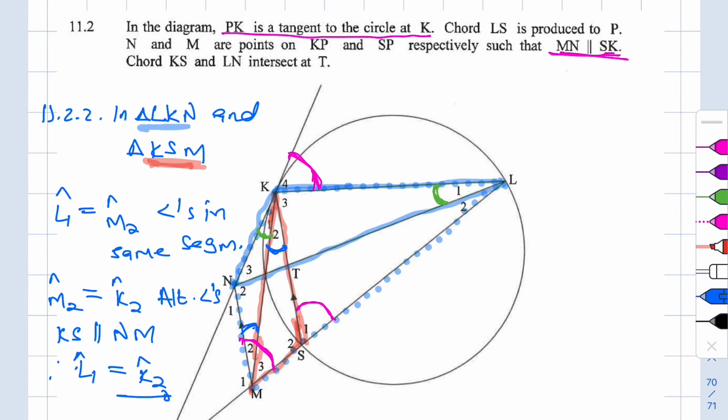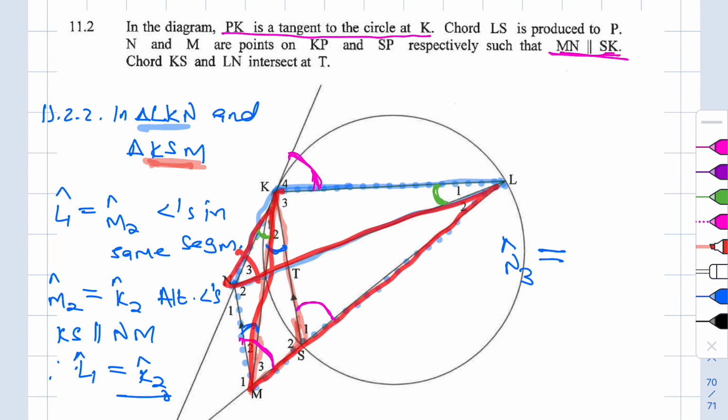Okay, the second one is going to be angle N3. Angle N3 is equal to which angle? Again, we have a cyclic quad here, so there's our bow tie or a butterfly.